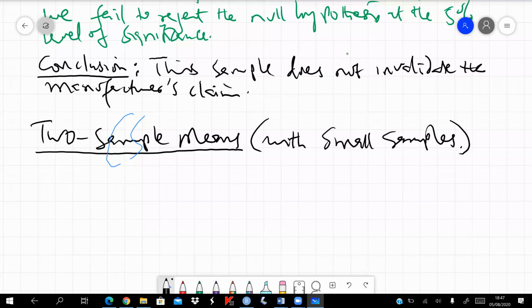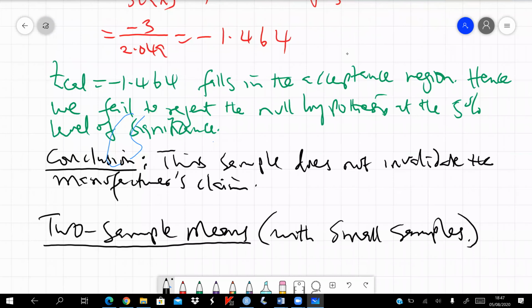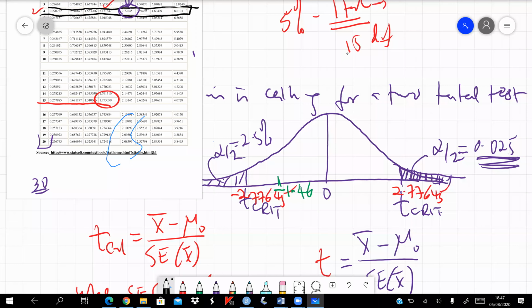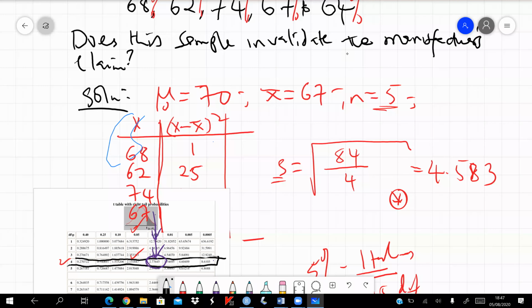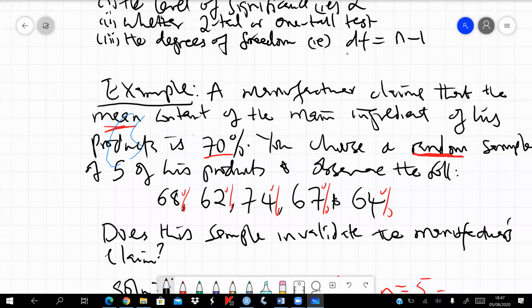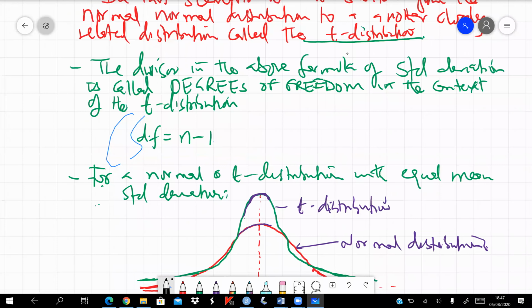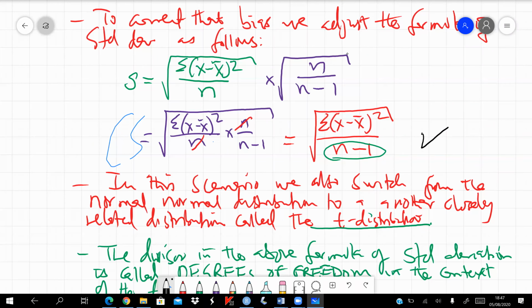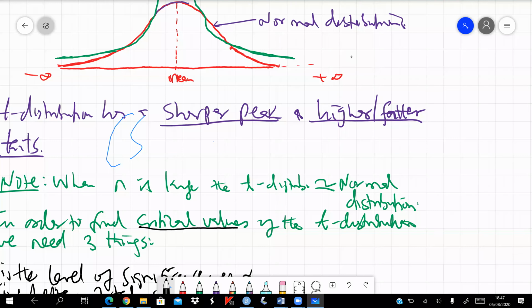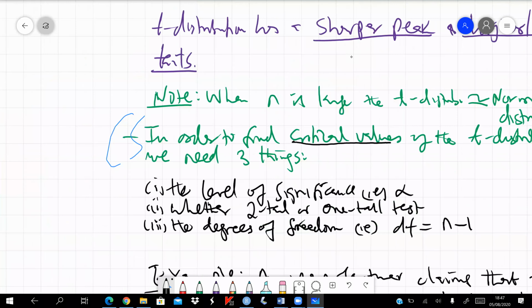Everything will look like what we did earlier, but when you're estimating S, the standard deviation, you need to use the formula that we mentioned here, in the two samples. The other story will be similar to what we saw using the Z distribution.